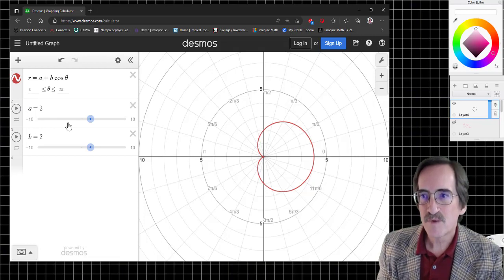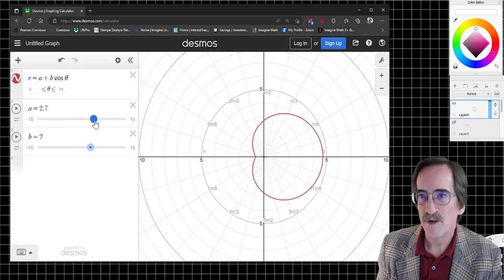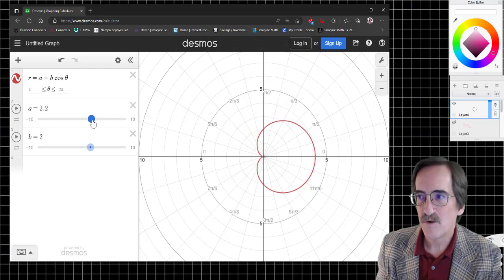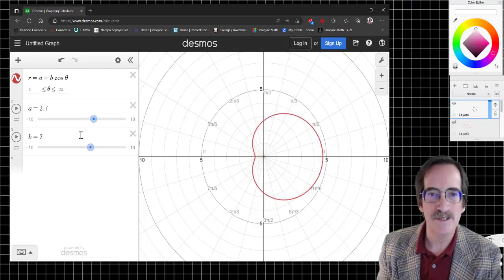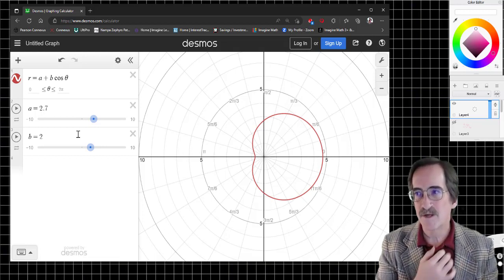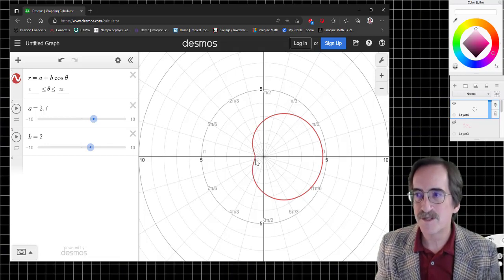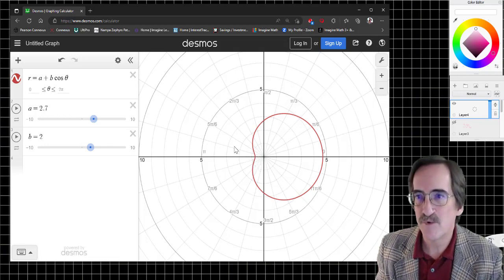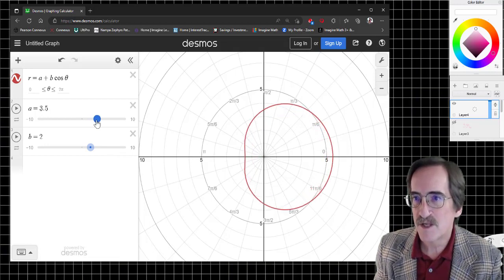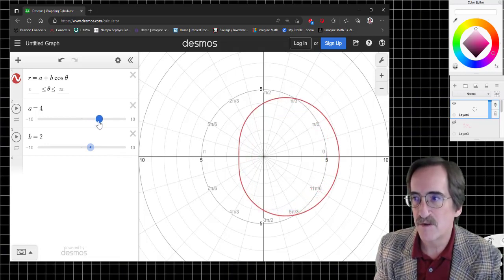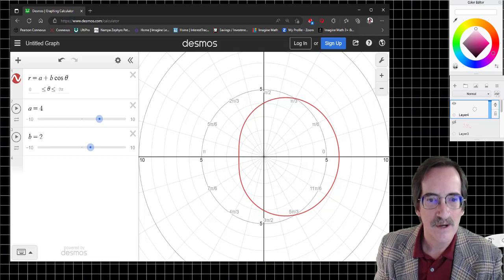Now when a grows bigger than b, the whole shape changes. This is what's called a dimpled limaçon, because it has an inverted portion, but it is not a true cardioid. It doesn't come to a point. If I increase a up until the point where it's double b, where it's 4, there's a name for that, and at the moment it's slipping my mind.